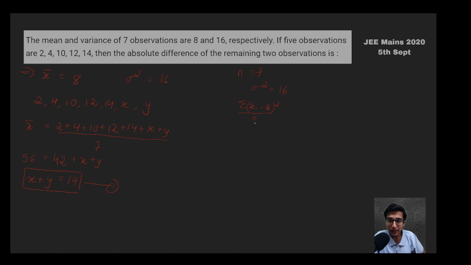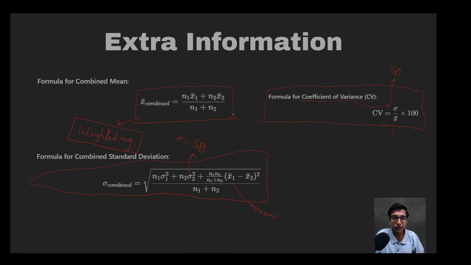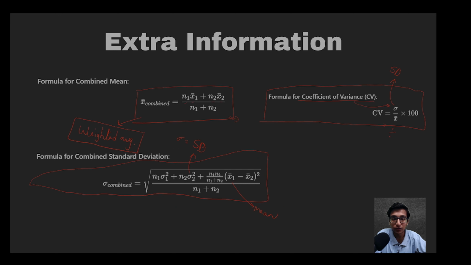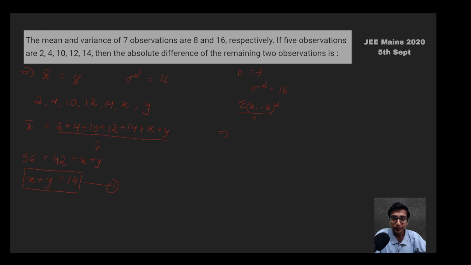If you remember, we had studied the alternate formula for standard deviation, which was summation xi square upon n minus summation xi by n whole square. This basically makes up the mean, summation xi by n. We can use this formula to calculate the variance as well, since standard deviation is the root of variance. So we just need to remove the root from this equation and we would get our variance.